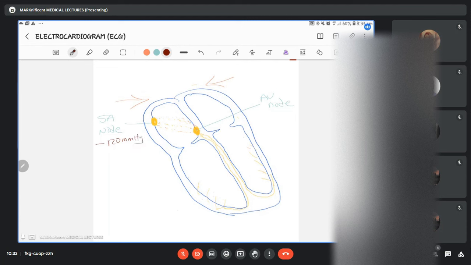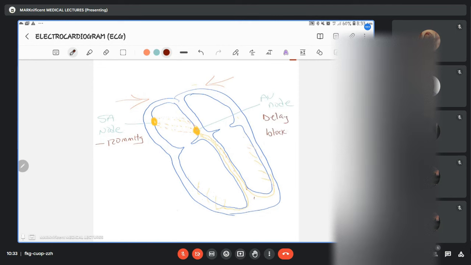It doesn't need that much generation of electrical impulse. So the AV node will receive it first, so that the power won't just come. It will stop it first and then try to release it gradually into the ventricles. So the AV node causes a delay and a blockage.